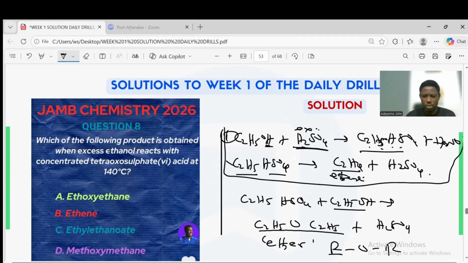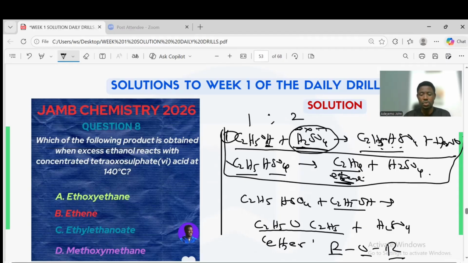ROR, alkyl group, O and alkyl group. So the first step is still the same, this first step for both. But if you are producing ethene, that shows that your acid must be in excess, 1:2. Can you see that?